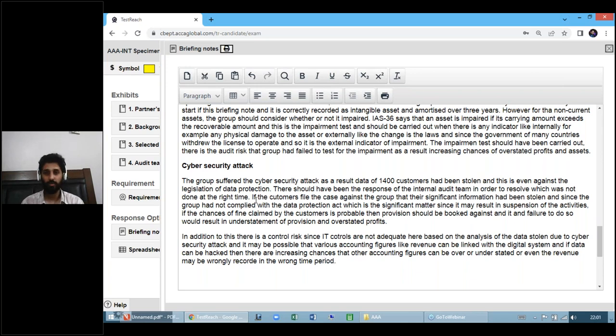There are two risks related to cyber security, because cyber security gives rise to this risk as well.